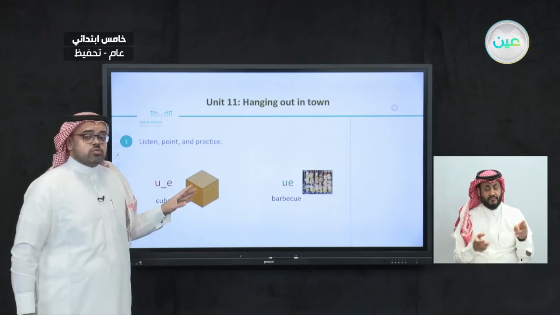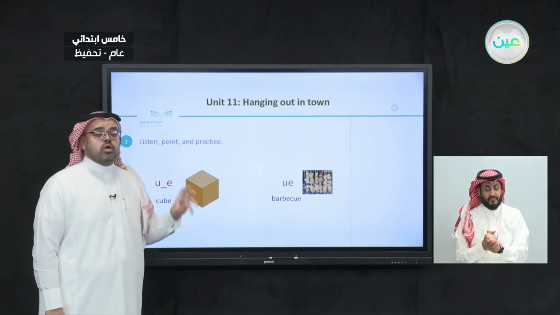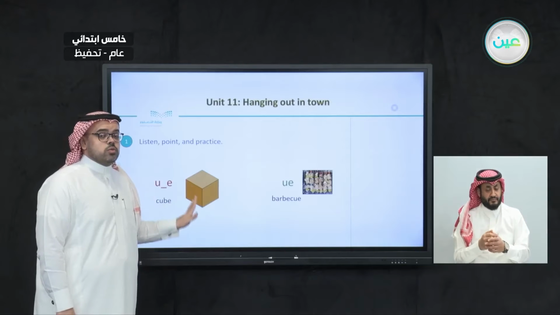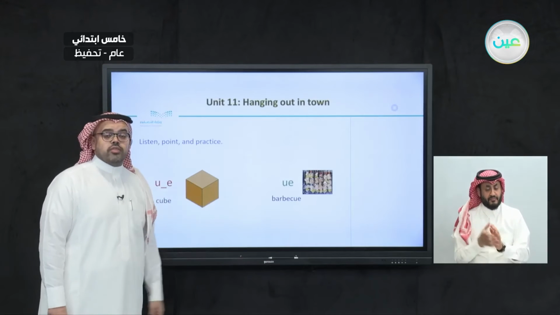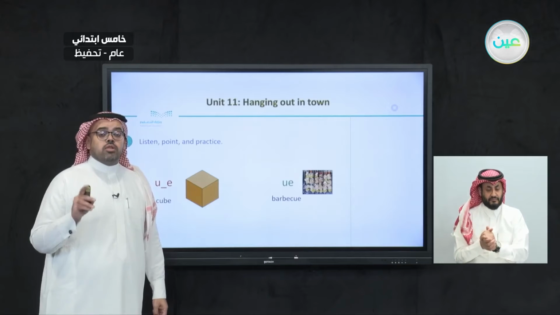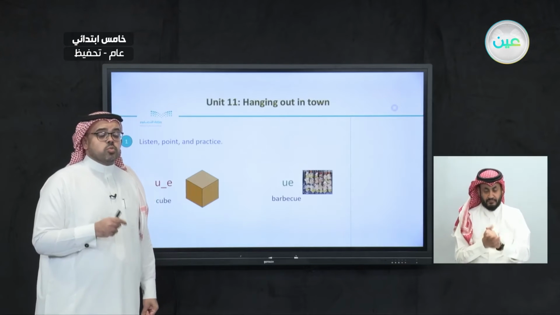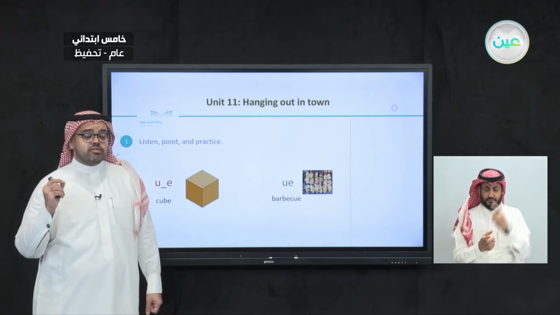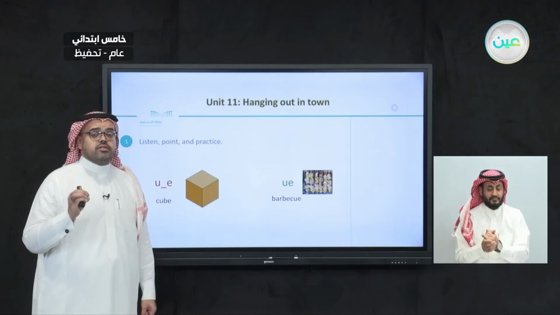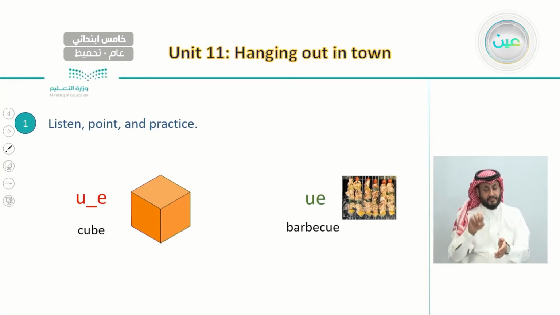And each of these words has its own letter U. The first one we call the clever U, and the second one ends with U and E. So now let's listen to the first word and see how we pronounce words that have this sound.